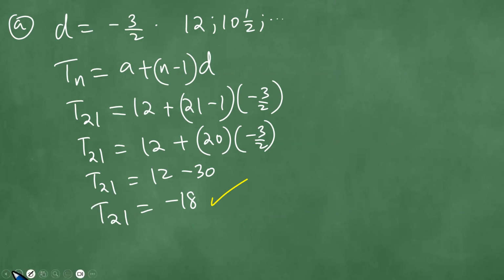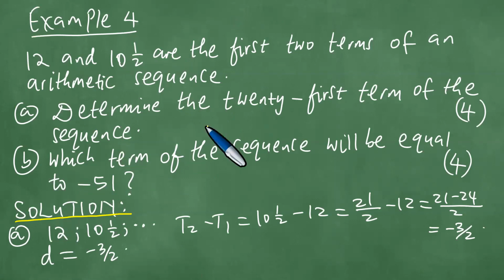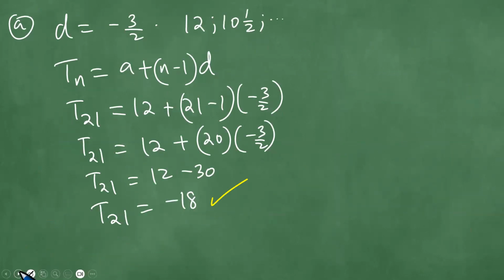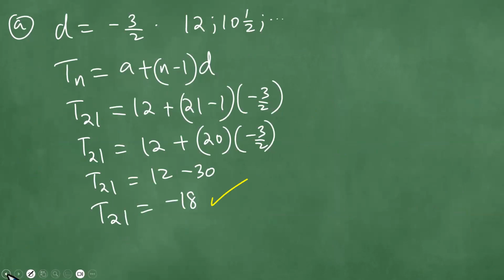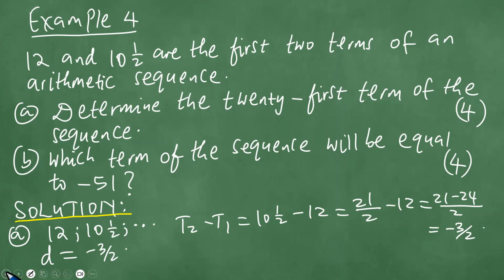And now you're interested in finding which term of the sequence will be equal to minus 51.